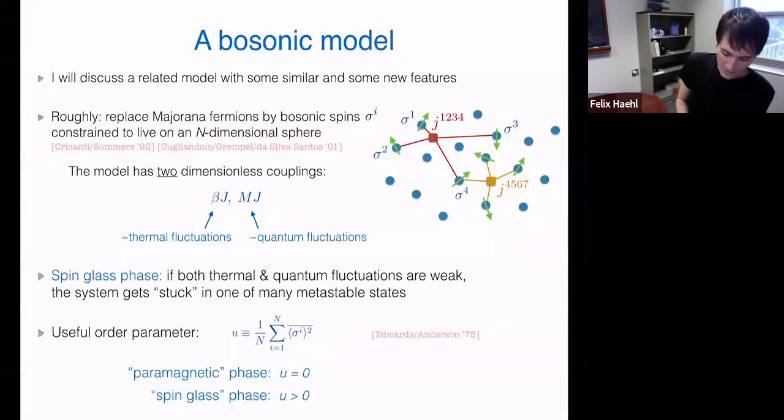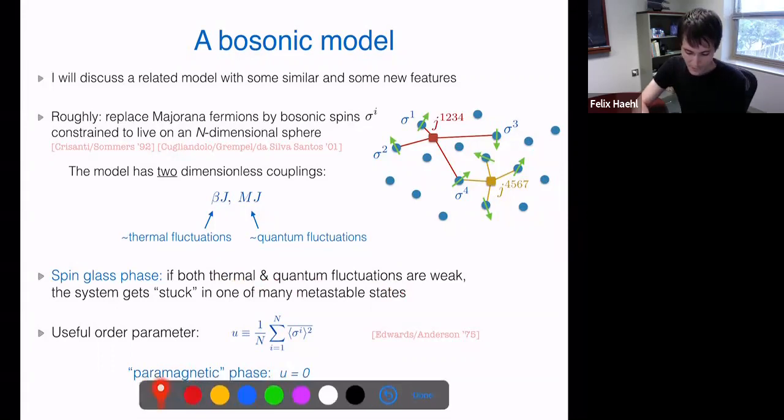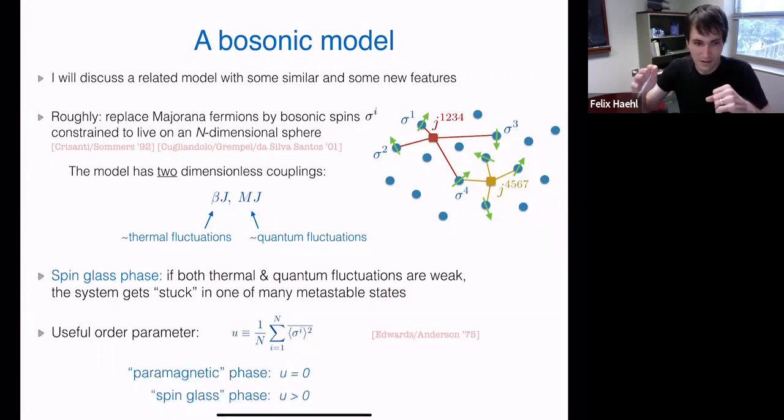And what happens in spin glasses is that there's a phase transition as you lower these couplings and make both types of fluctuations weak. Then the system somehow gets stuck in one of these valleys. So it moves around in this complicated free energy landscape and it gets stuck somewhere, and the spins freeze in some state which is locally stable, but it's not the lowest energy configuration.